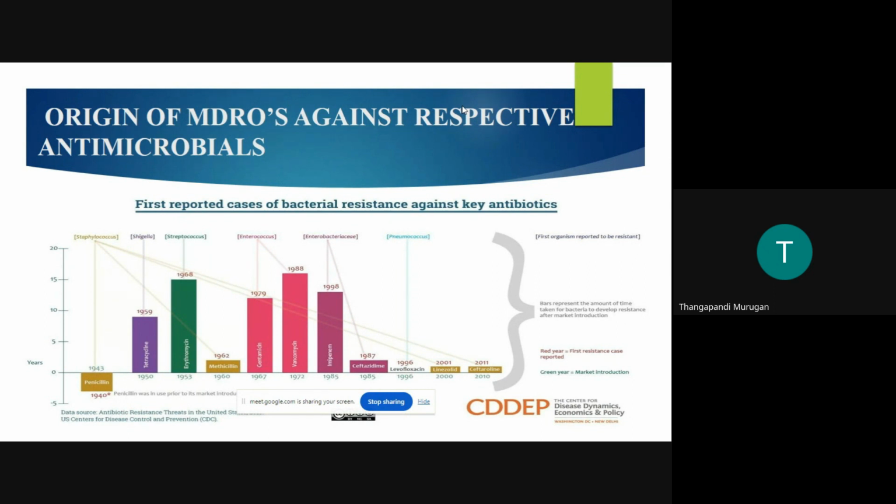We give antibiotics for viral infections, or use them longer than the expected duration. That is the main reason, overuse or misuse of antibiotics. These are the main reasons this kind of resistance has developed.